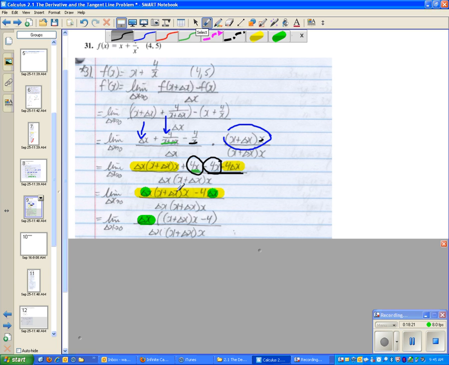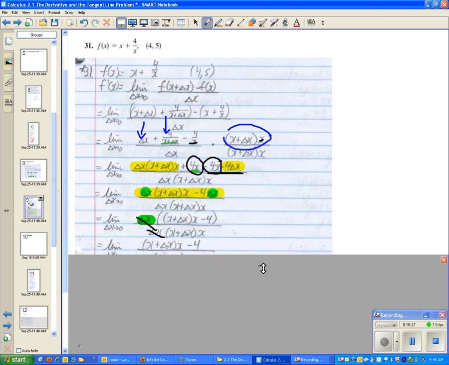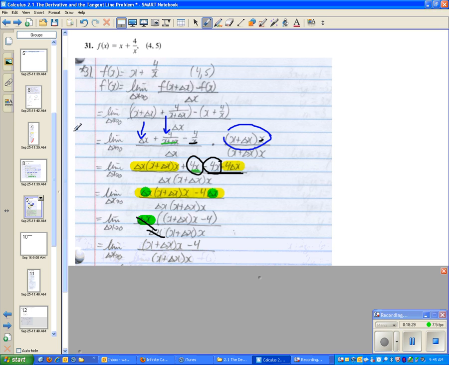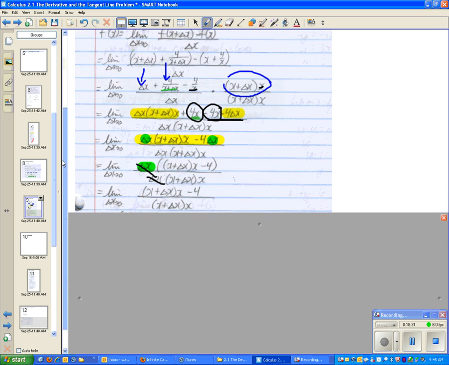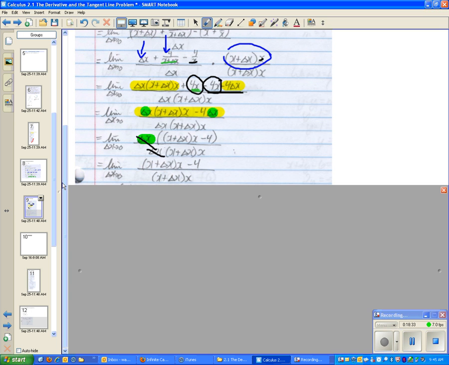Now, we get to divide out our factors of delta x. Can we substitute now? Yeah. We can. It won't make our denominator equal 0, so we can substitute now.